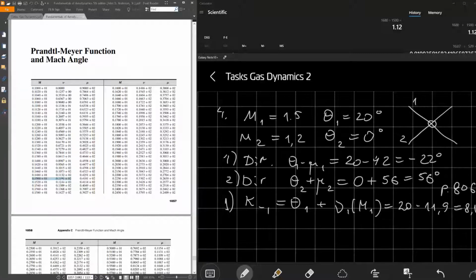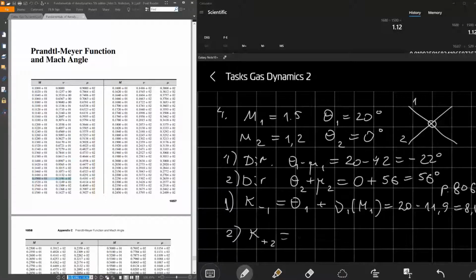Okay, so K minus 1 is this value, and now we go to see the second characteristic value, how it's calculated, the difference basically. From the second point, it will be called K plus 2. It is the characteristic line going in positive direction, starting from point 2.